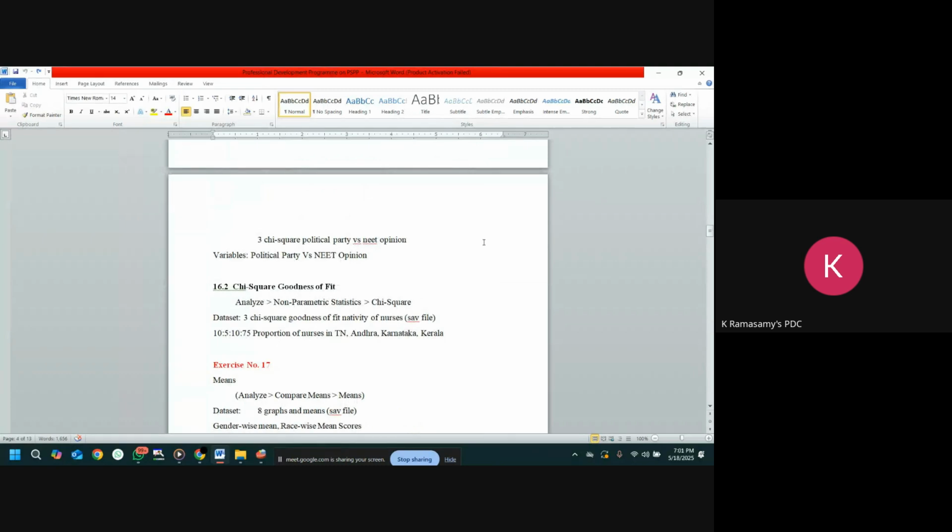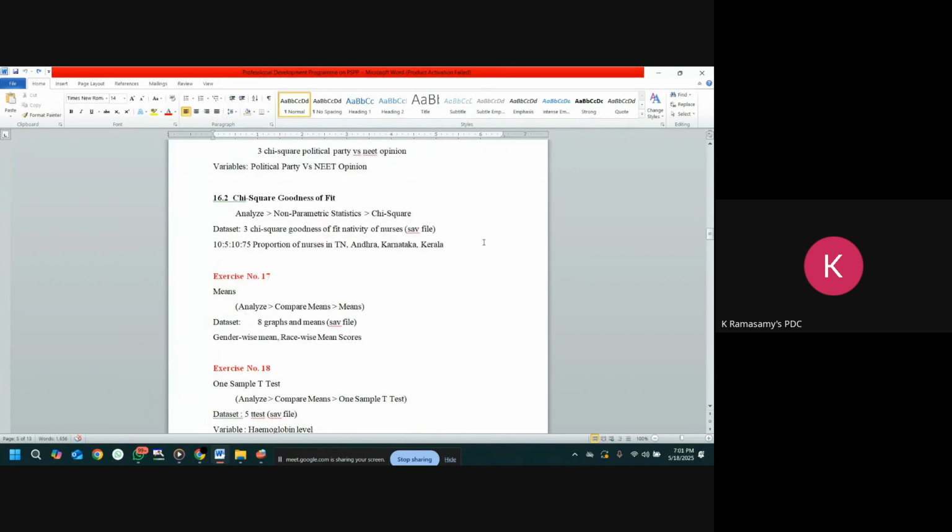Now, let me go to the next one. There's something called chi-square goodness of fit. See, you have collected the data from various respondents. After collecting the data, you want to confirm the observed data with already fixed standard. See, for example, you know very well that nurses, female nurses are everywhere.